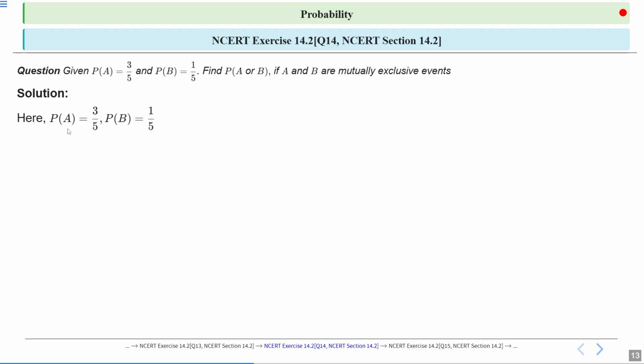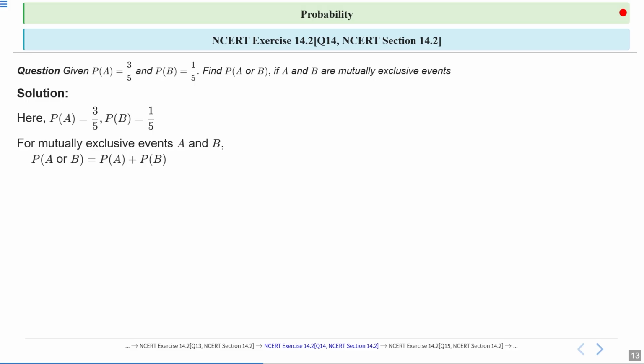And we have been given the information that A and B are mutually exclusive events, and we have to find probability of A or B. So for mutually exclusive events A and B, probability of A or B is equal directly to probability of A plus probability of B. In general, probability of A or B does not equal probability of A plus probability of B. But if A and B are mutually exclusive events, then probability of A or B is equal to probability of A plus probability of B. Why? Because A intersection B is empty.